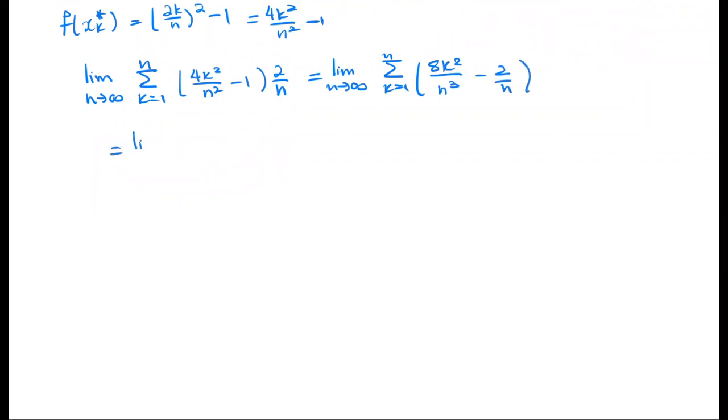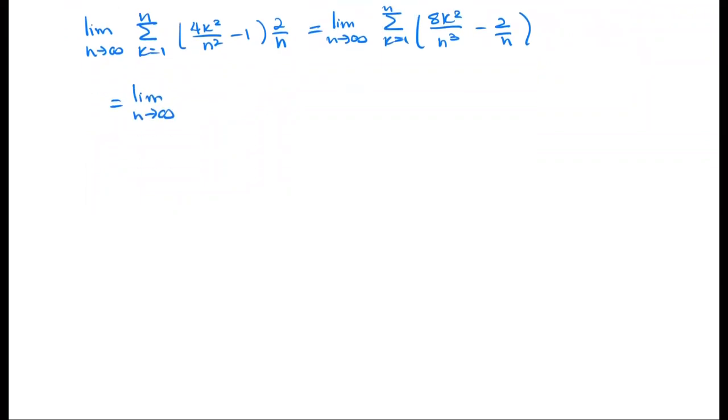And this is also the same if we rewrite this a little. So for the first one, we have 8 divided by n cubed, multiplied by the sum from k equals 1 to n of k squared. And then we subtract, well, I'm going to bring out the 2 over n, multiplied by the sum from k equals 1 to n of 1.